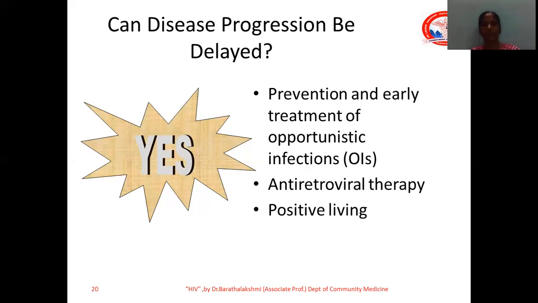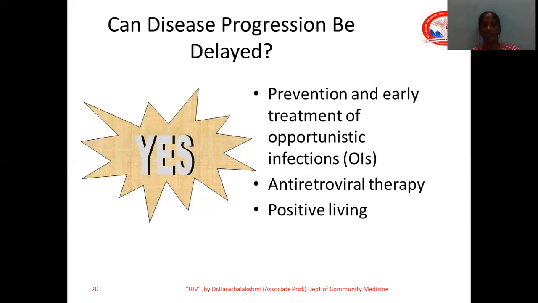And once the person turns positive, he or she should not transmit the infection to others. Usage of condoms and a healthy sexual life, or avoiding such activity itself, is a big preventive measure.